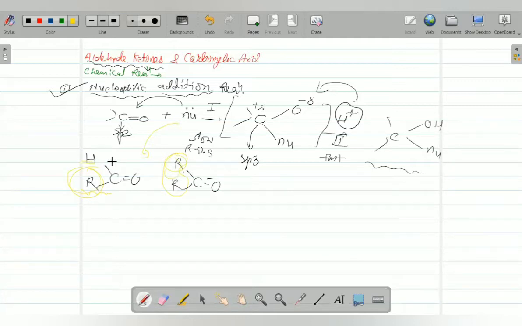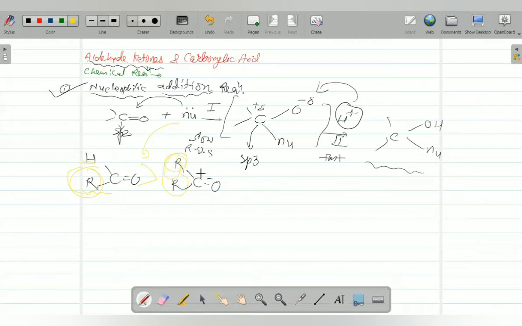H. So that's why you can say that aldehyde is more reactive than the ketone, right? Now we will take a few examples of nucleophilic addition or nucleophilic addition elimination reactions one by one.